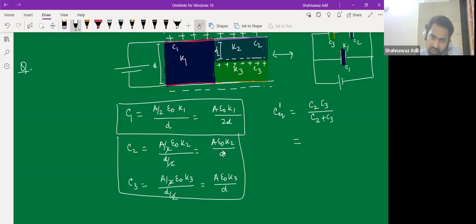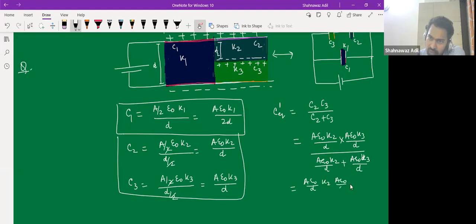So this would be A epsilon naught K2 by D into A epsilon naught K3 by D divided by A epsilon naught K2 by D plus A epsilon naught K3 by D. So A epsilon naught by D is common, and this is K2 plus K3.